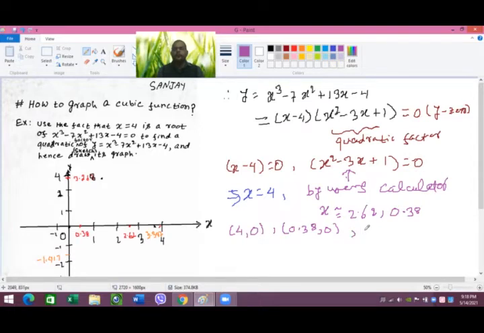And the third point that we have got is nearly 2.62, and it has also happened at y equals 0. So we have 1, 2, 3 points. With these points, our graphing work will be easy.